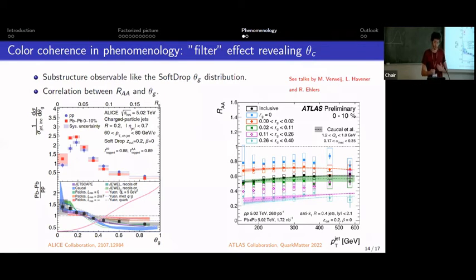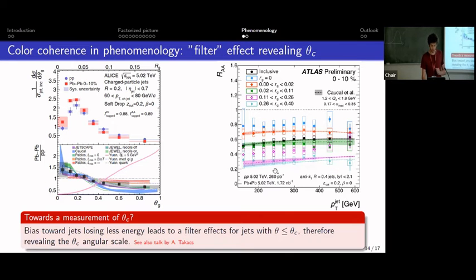So in order to disentangle the effects that we discussed yesterday in the discussion session, we will need to look at other observables which are less sensitive to these bias effects. But at least in this very simple calculation, the θc angle drives the modification of the RAA as a function of θg, as you can see in this plot.